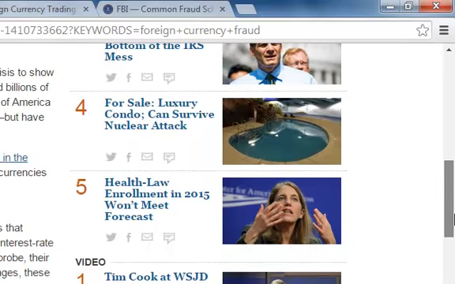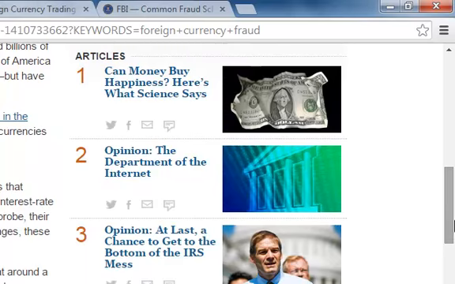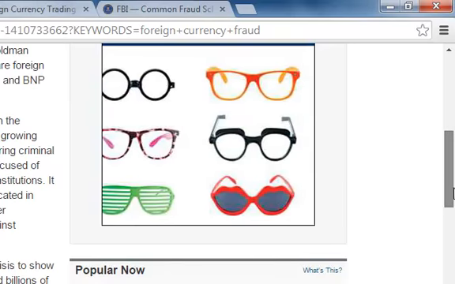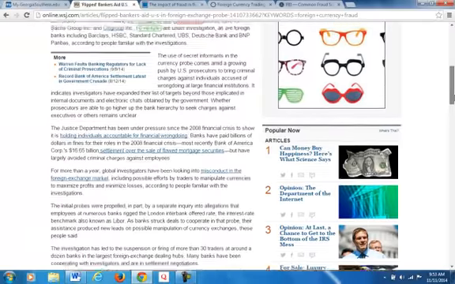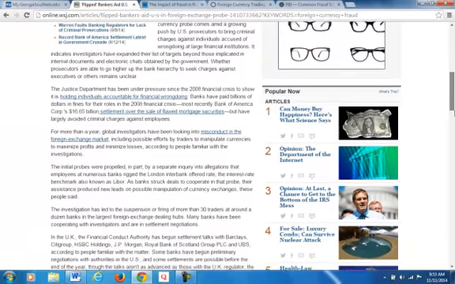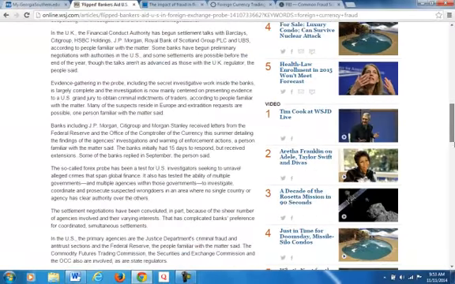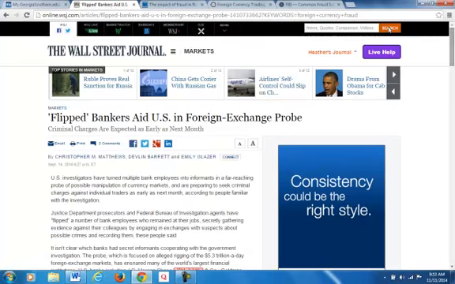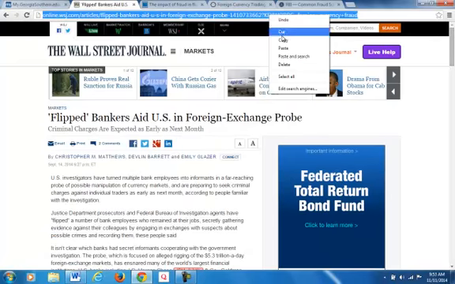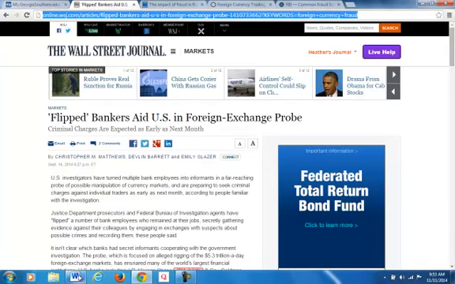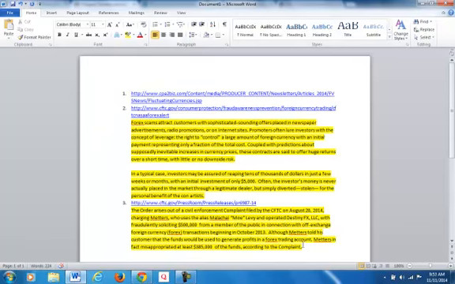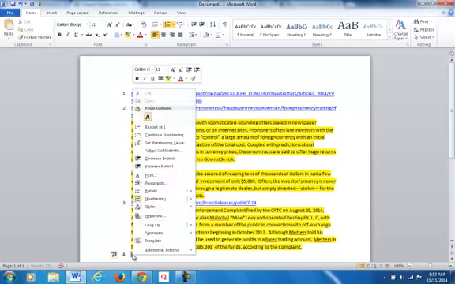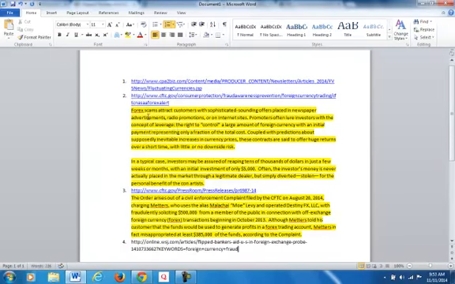It looks like the article is talking about Bank of America and several other companies committing a fraud. So I'm copying and pasting this website into the Word document to come back to later once I find some more information to decide which direction the paper is going in.